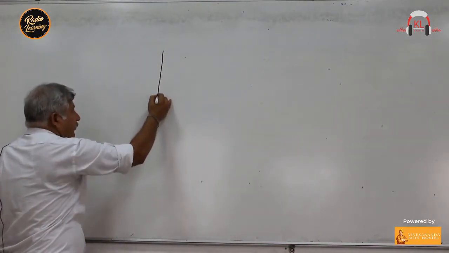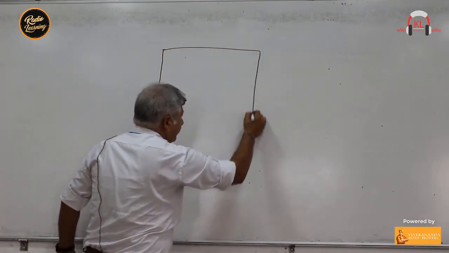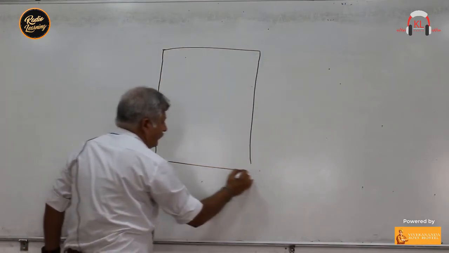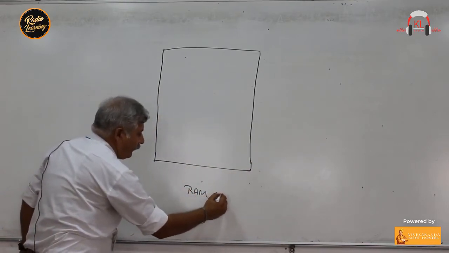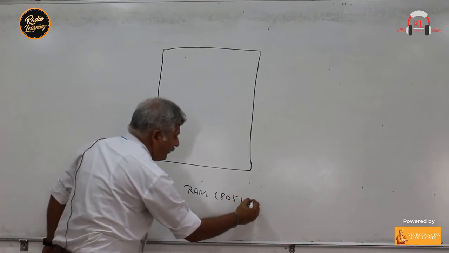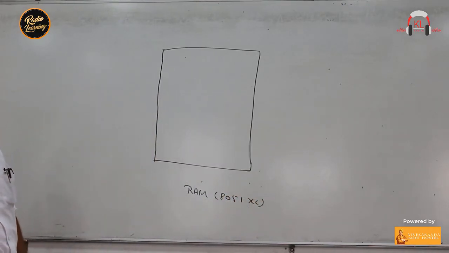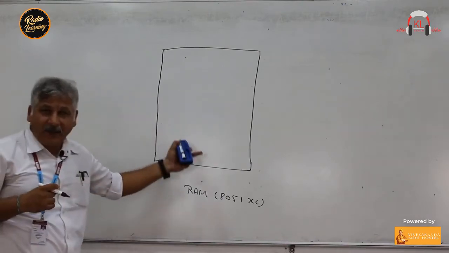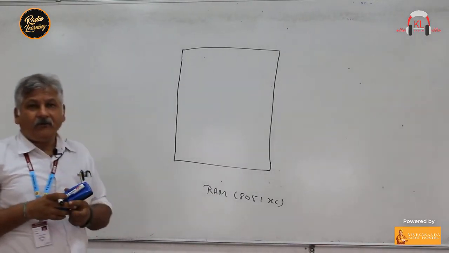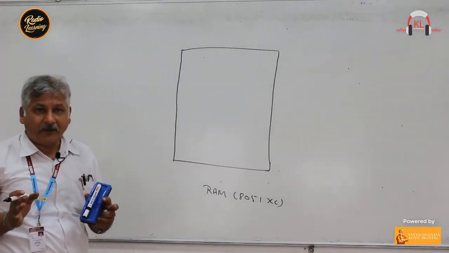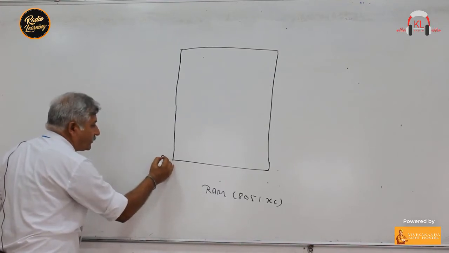So this is the internal RAM, the RAM of 8051 microcontroller. As I told you, a total of 128 bytes can be stored in this RAM. Always remember, at one location we can store 8 bits only.